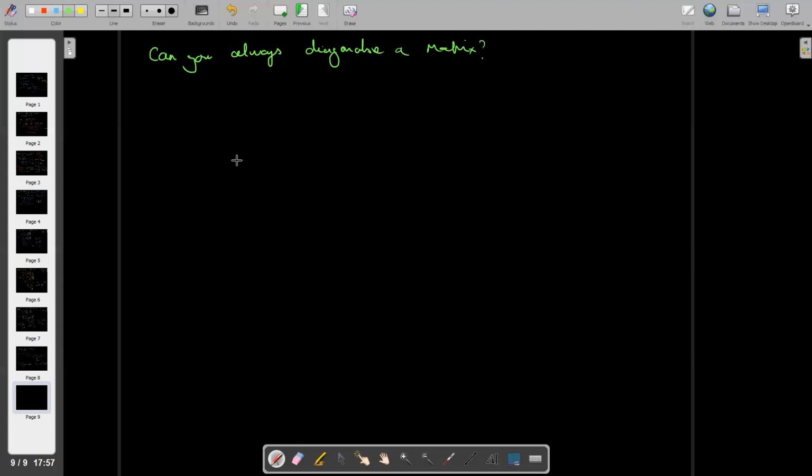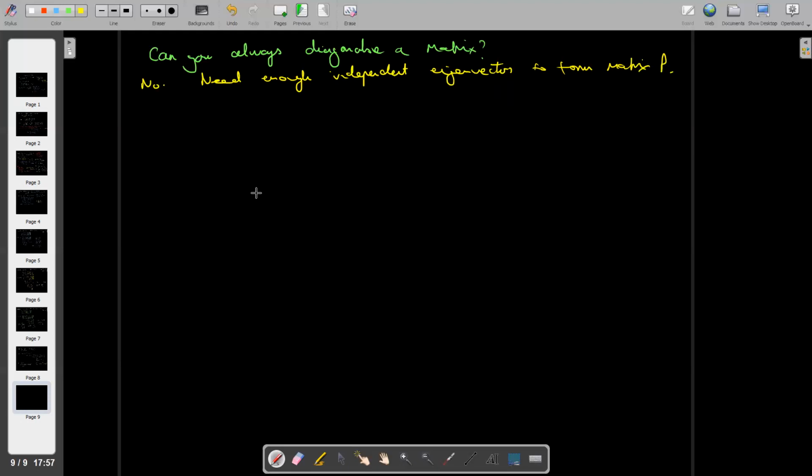Well, the answer to this question is no. Okay, you can't always diagonalize a matrix. Specifically, you need enough independent eigenvectors to form the matrix P. And sometimes that's not possible, okay?